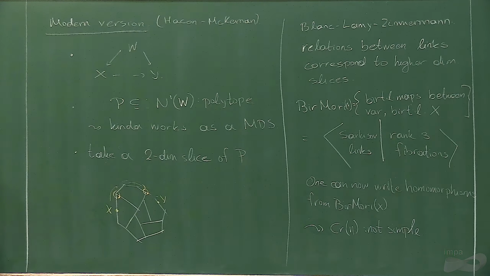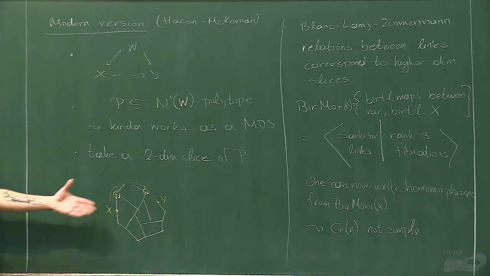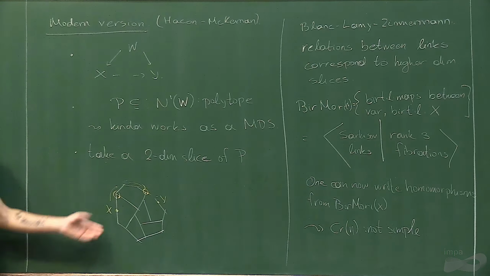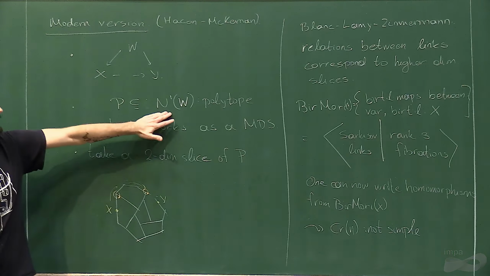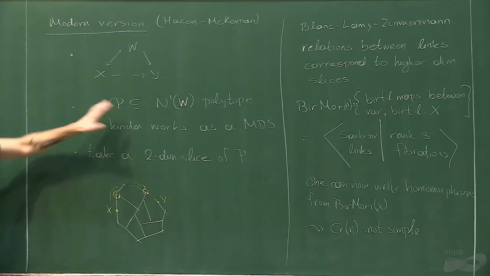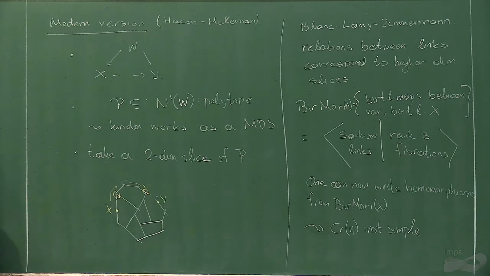So for example, people have proved the Sarkisov program where you also have the action of a connected group. You can see the group acting here, and then you can show that it preserves the polytope and that with every MMP it descends. So you can do the Sarkisov program with connected groups.